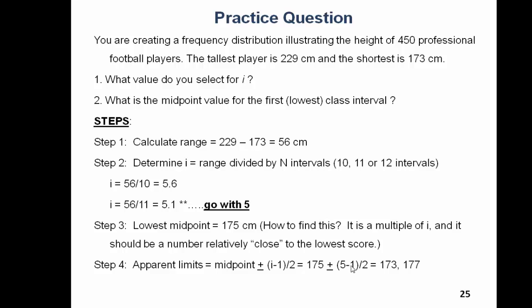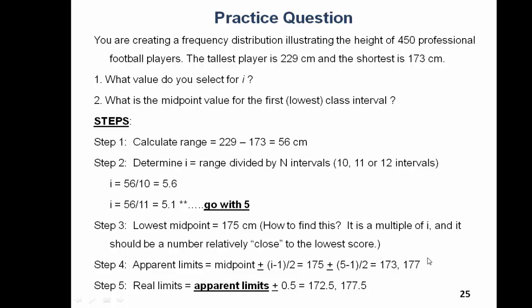So 5 minus 1 is 4, divided by 2 is 2. We add 2 to the lowest midpoint, 175, which gives us 177. And we subtract 2 from 175, which is 173, giving us our apparent limits.